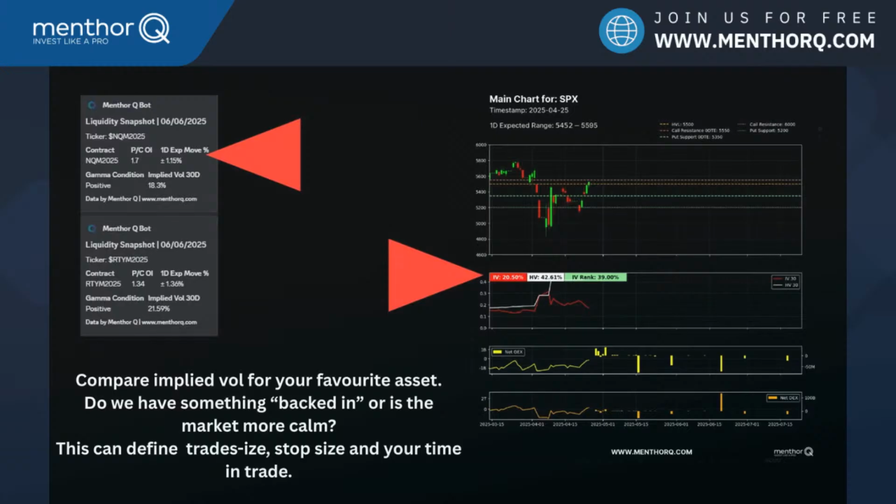1 day expected move, 1.15%. Now you can think about it when you turn on your charts and the Nasdaq is already up 1%. The 1 day expected move is 1.15%. Is my trade idea still valid, if the NQ is already up 1%?